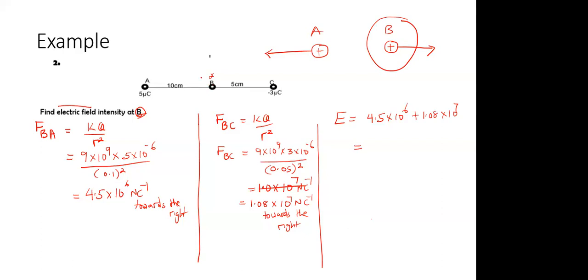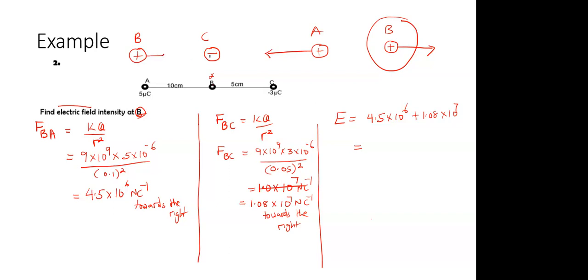Now, let's do B and C together. What is the charge on B? Positive. The charge on C? Negative. What kind of force is between these two? Attraction. And how does the attraction force act?